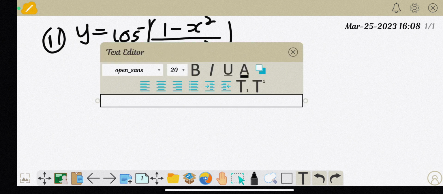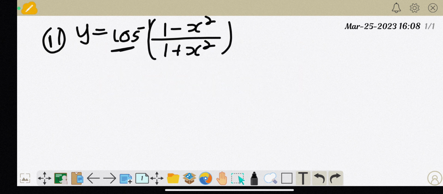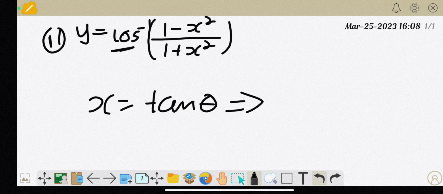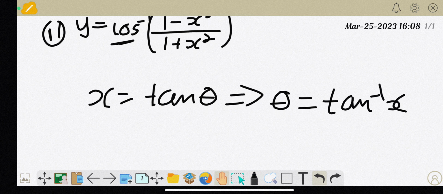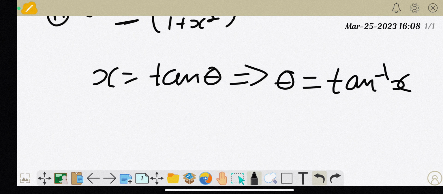So y is equal to... so x is equal to tan theta is our suitable substitution. So theta is equal to tan inverse x, correct? So here let us substitute.